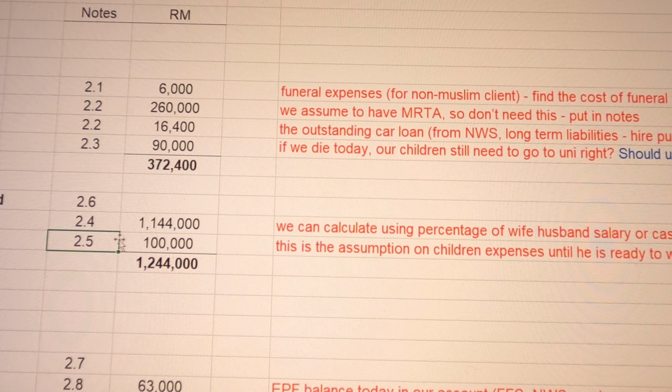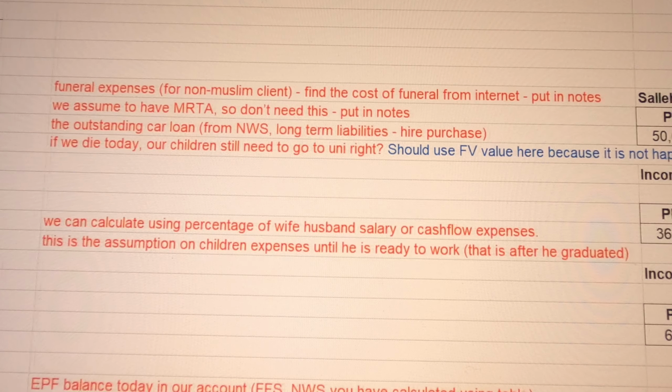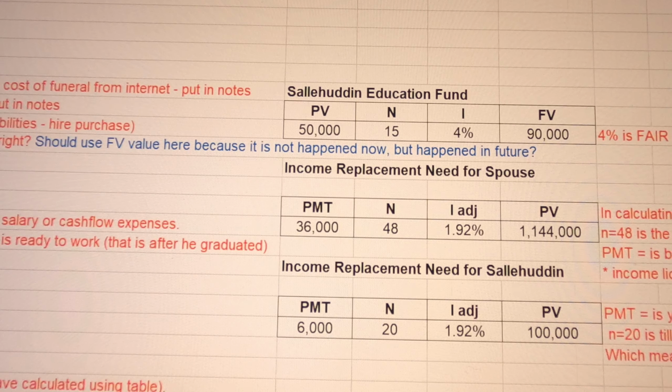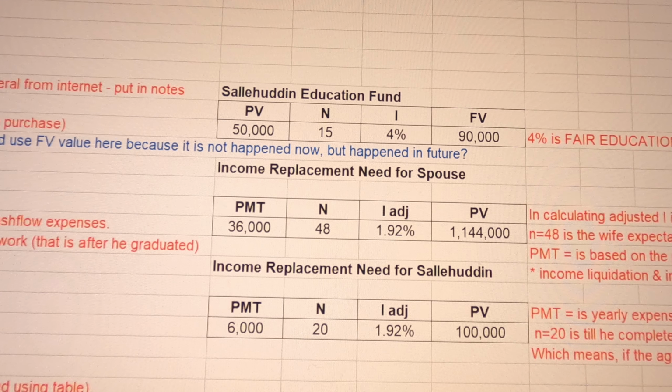So let's say the current age of the child is 3, and it is expected that the child will start to work at the age of 23.